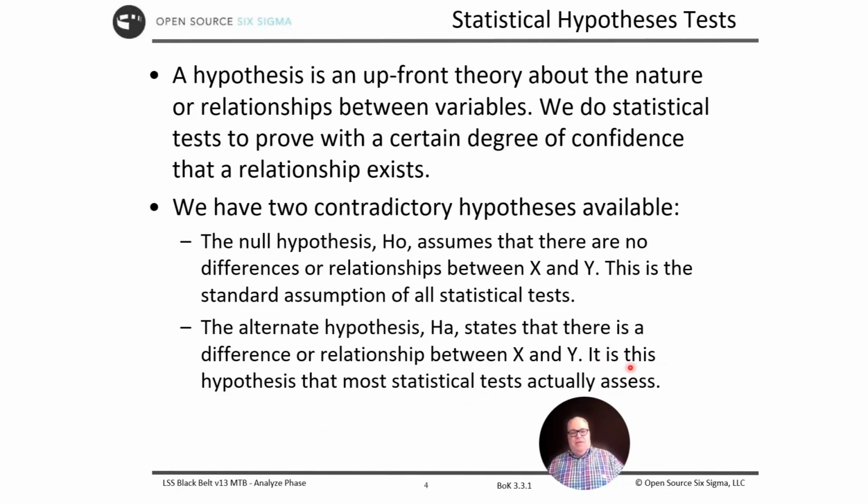So we say here, it is the hypothesis that we are trying to assess, or we are trying to prove. Because if we don't prove it, then we say there is no relationship, and we're going to remove that X from our funnel and move on to the next one.